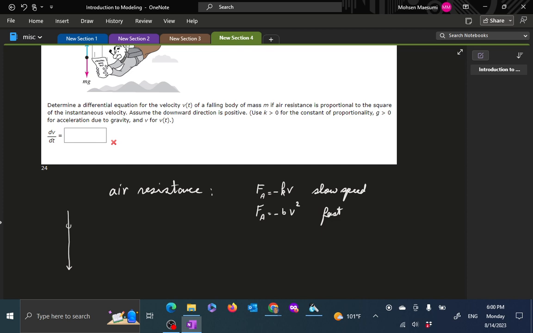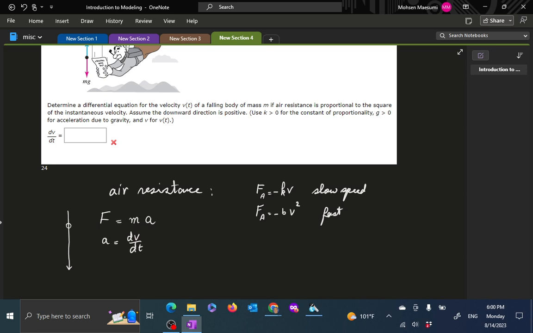So it's telling us to take the downward direction as positive. Why is that significant? Well, if we want to write Newton's law for Einstein falling, Newton's law says F is equal to ma. Who is a? Acceleration, the derivative of velocity.